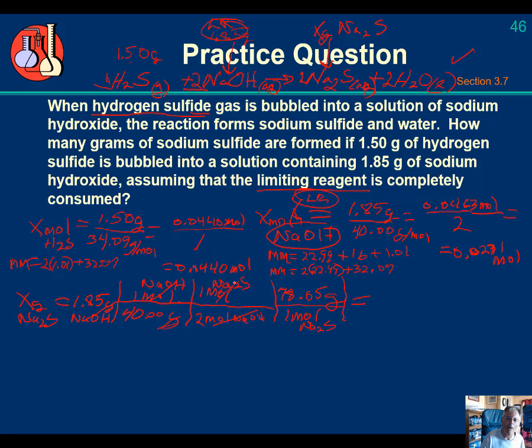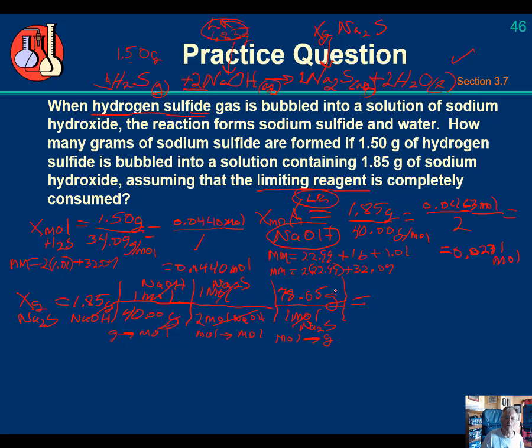When I multiply and divide across, moles of sodium sulfide cancels. Now keep in mind, we've done grams to moles, divide by the molar mass. We have the mole to mole ratio, which we got from the coefficients of the balanced chemical equation, and then we have moles to grams. And we got there by multiplying by the molar mass. Multiplying means it's in the numerator. Okay? Dividing means it's in the denominator.